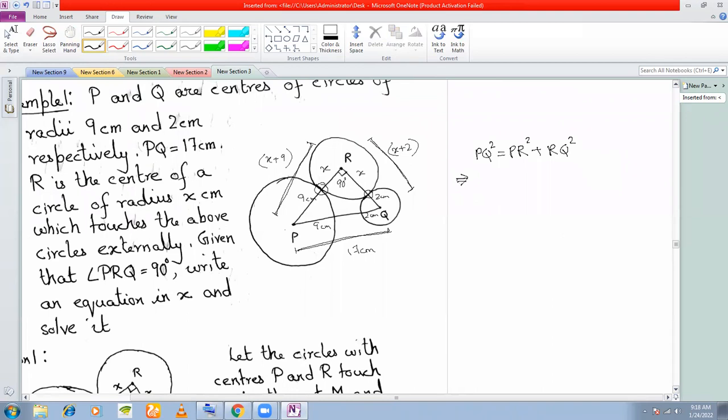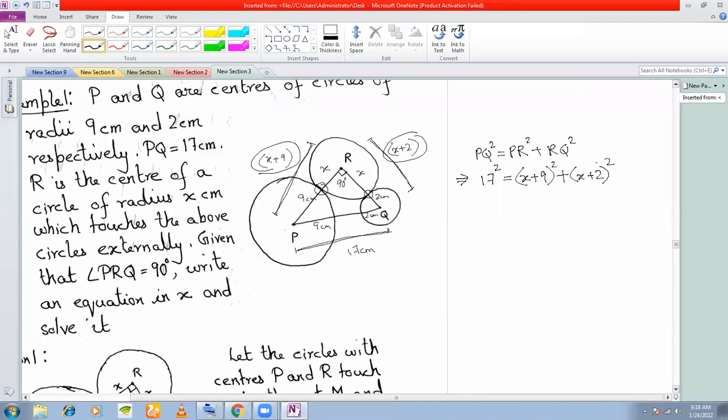And PQ square, PQ is given to be 17. This is 17 square. PR is, what is the length here? X plus 9. We put here X plus 9. And RQ, what is the length? X plus 2. Okay, so this is an equation in X that we are getting.